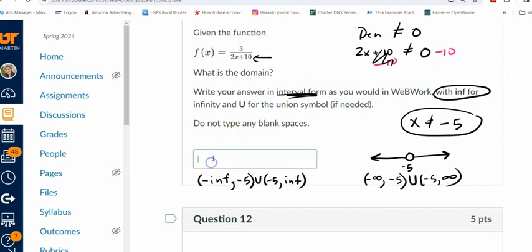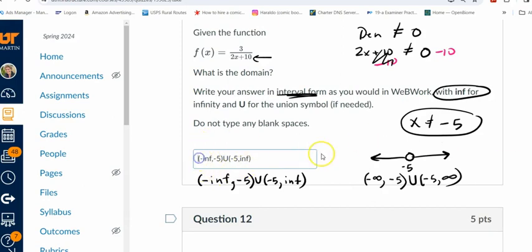All right, so parenthesis, negative infinity, comma, negative 5, parenthesis, union symbol, capital U, parenthesis, negative 5, comma, positive infinity. Okay, so that will be my answer, and there are no spaces.